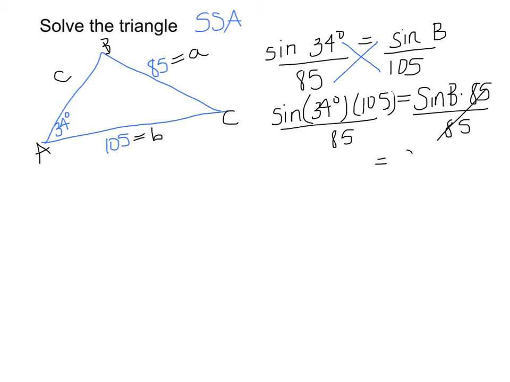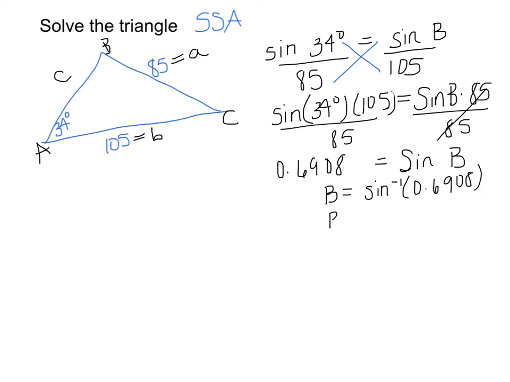And then you'll get sine of B equals 0.6908. And remember, to find angle B, you got to do the inverse. And doing the inverse of that will give us 44 degrees, a possible choice.